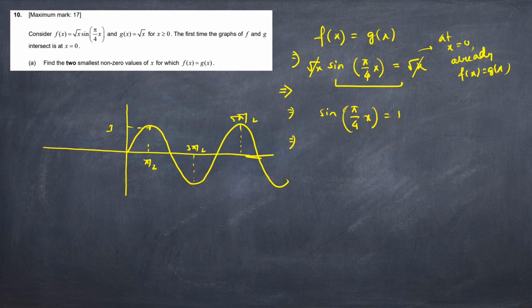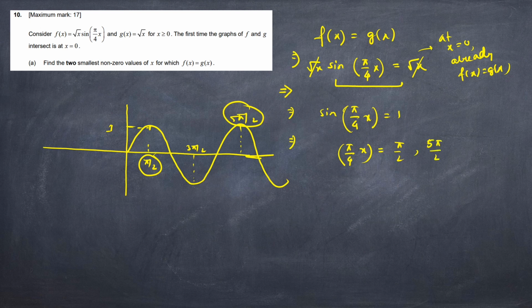So at pi by 2 and 5 pi by 2, we have two consecutive points where sine x is 1. So from here we can write pi by 4 x is equal to, from here two values we can get. The first value will be pi by 2, and the second value will be 5 pi by 2.